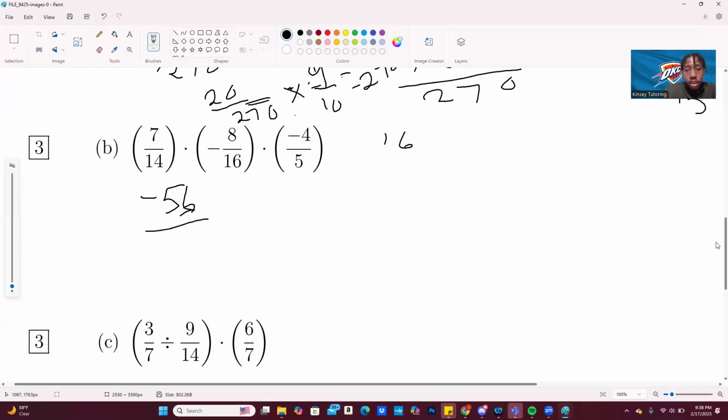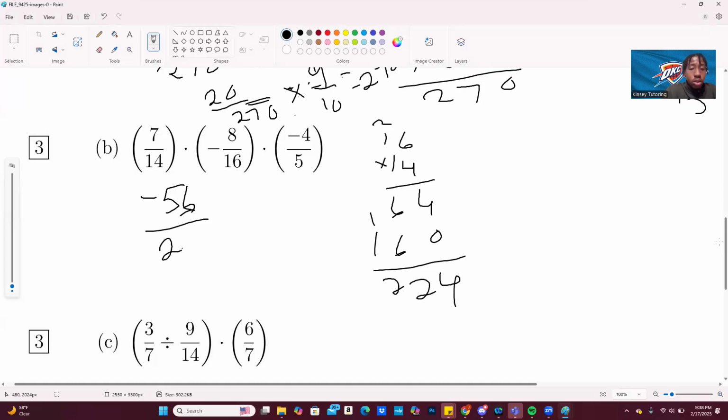So 16 times 14: 4, 2, 64, 0, 6, and then 1. Add them together, 224. So 224 at the bottom, and then we keep multiplying.